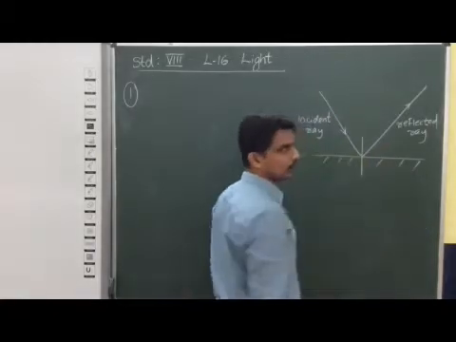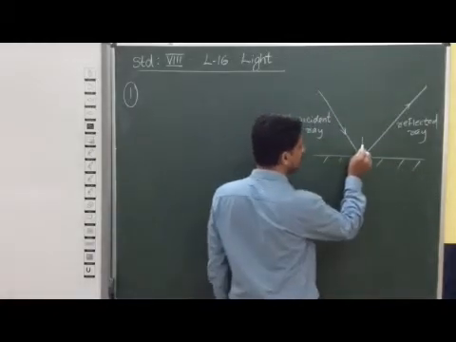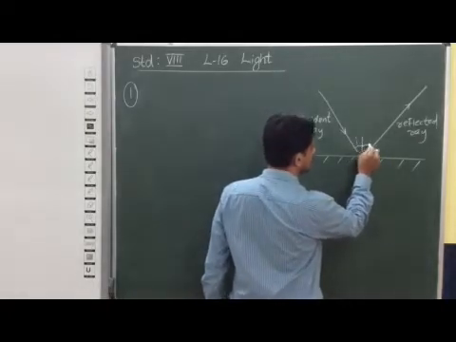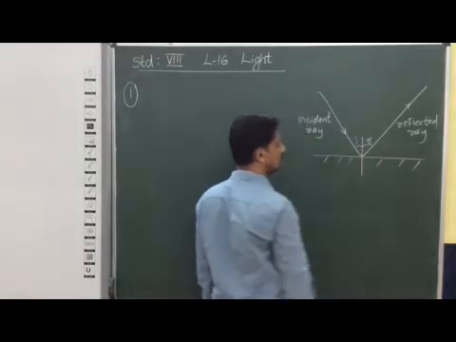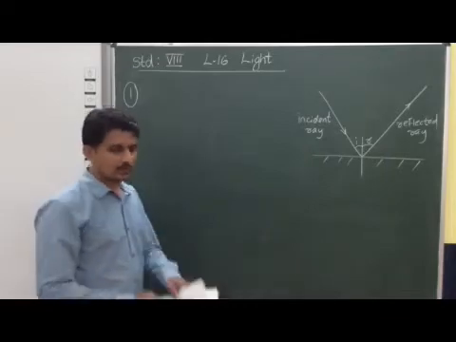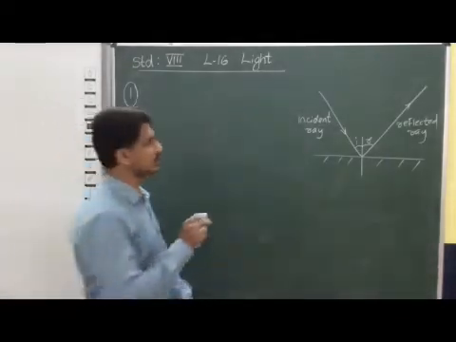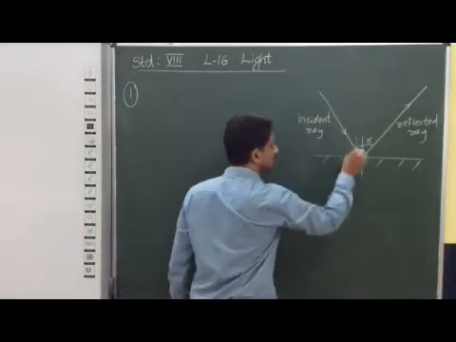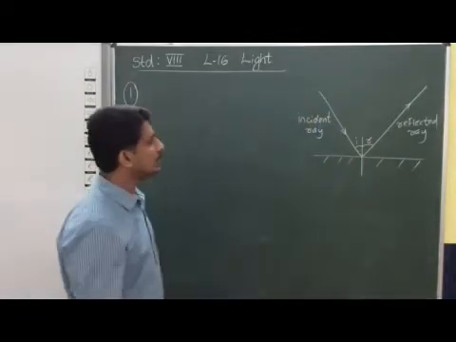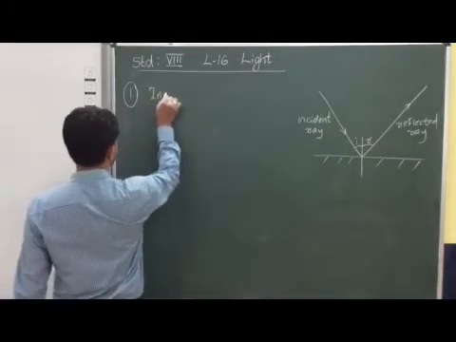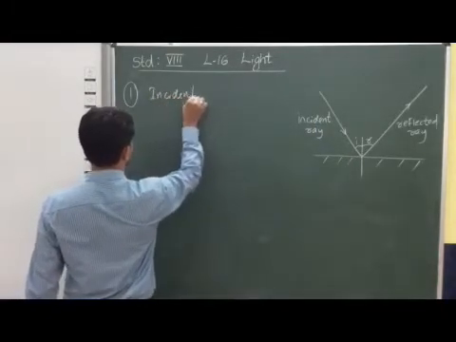And this is our normal, and the angle formed between the incident ray and normal is known as the angle of incidence, and this angle is known as the angle of reflection. So in this question, a beam of light striking the surface is of course the incident ray only. So the answer is incident ray.